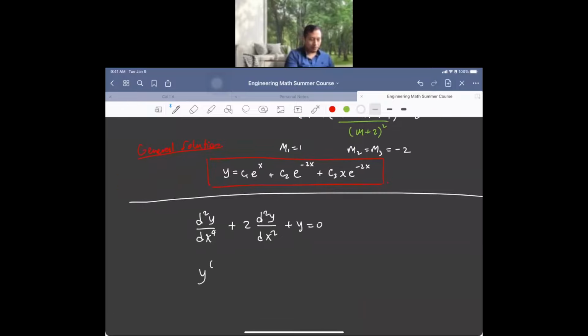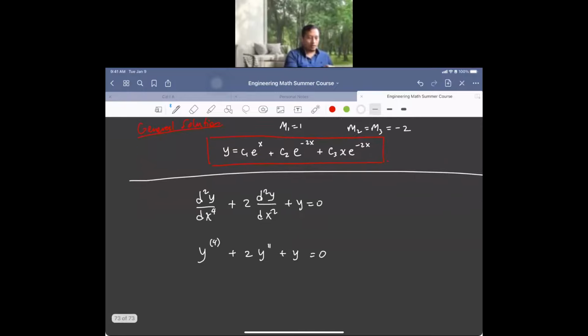We can simply write this in terms of y fourth derivative plus 2 y double prime plus y. And since we know this is homogeneous and linear, we could try the constant coefficient. So this becomes m to the power of 4 plus 2 m squared plus 1.